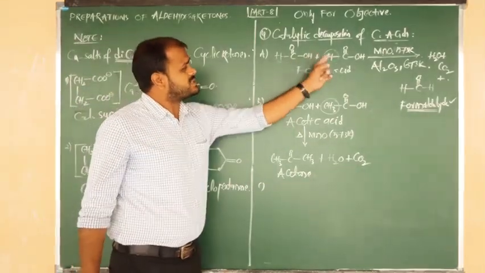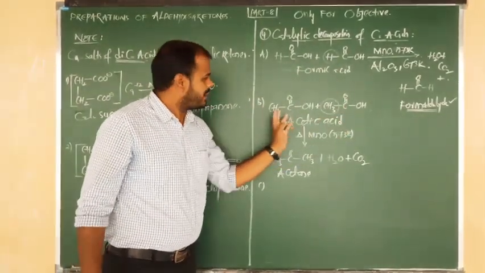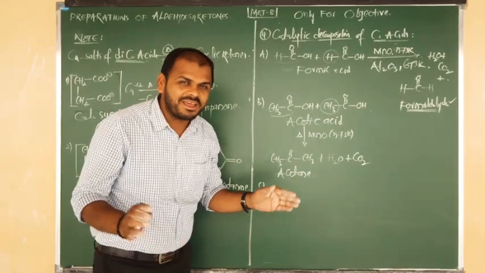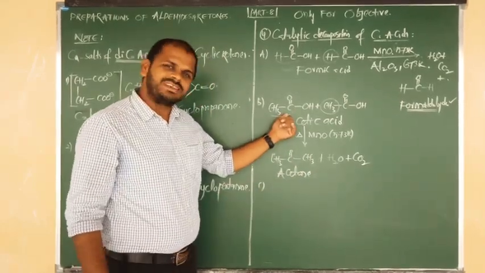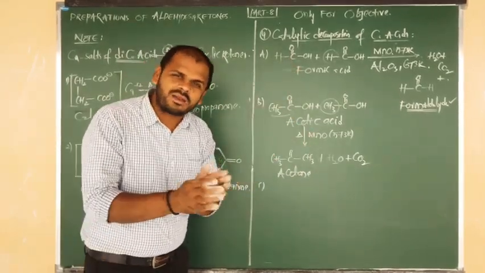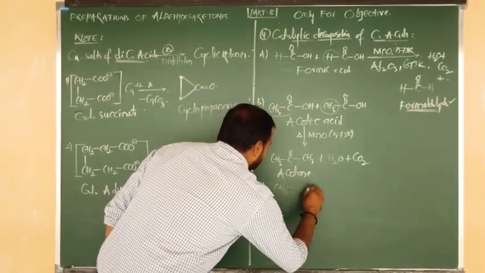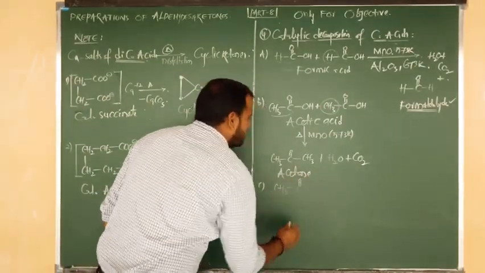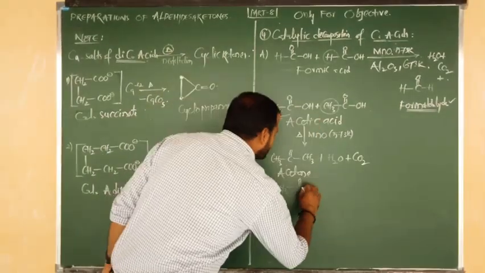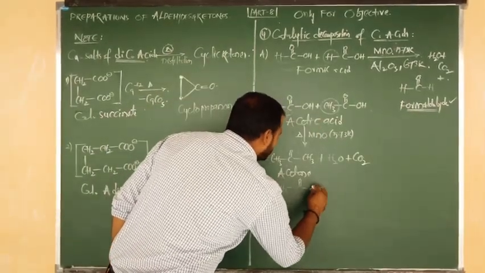Listen, earlier we took 2 same acids, formic acid and acetic acid. Now I want to take 2 different acids: acetic acid and formic acid. What is the formula of acetic acid? CH3 bonded to C double bond O, connected to the OH group.